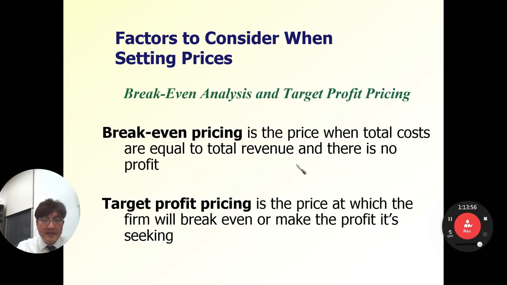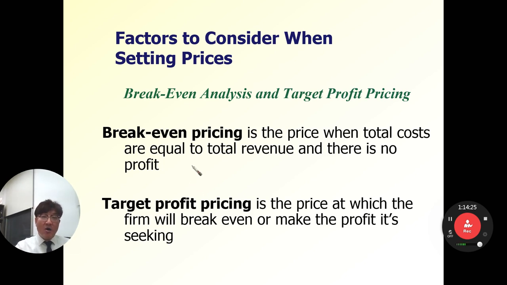All right. Now, with this information, we've already talked about how to calculate the unit cost, and based on the unit cost, we know how to calculate cost-plus pricing. Now let's move a step forward. Based on this information, let's calculate the break-even point and the target profit point.